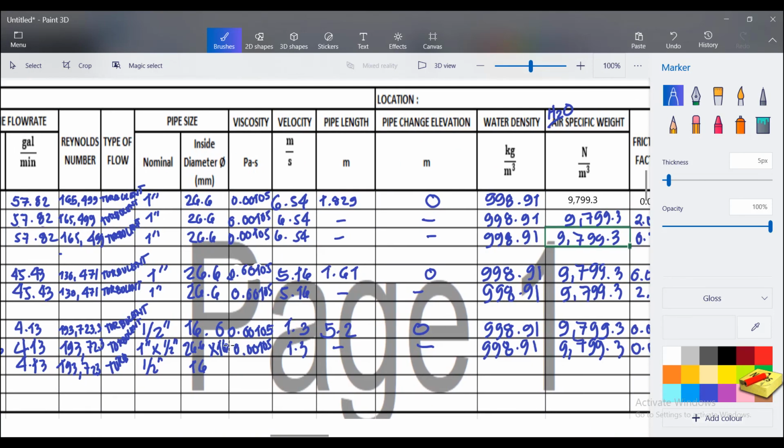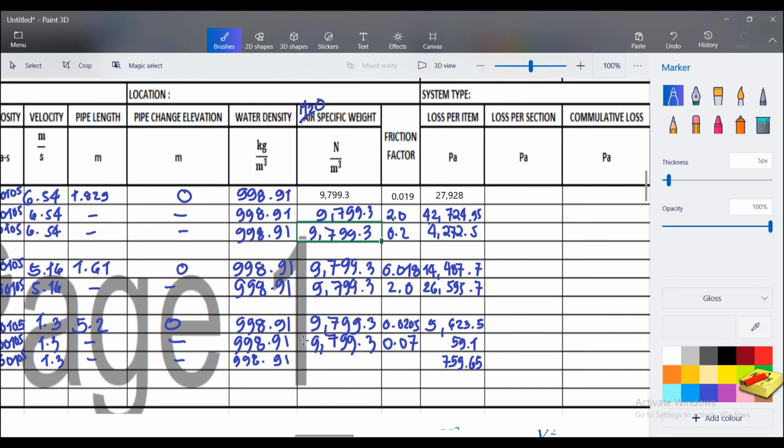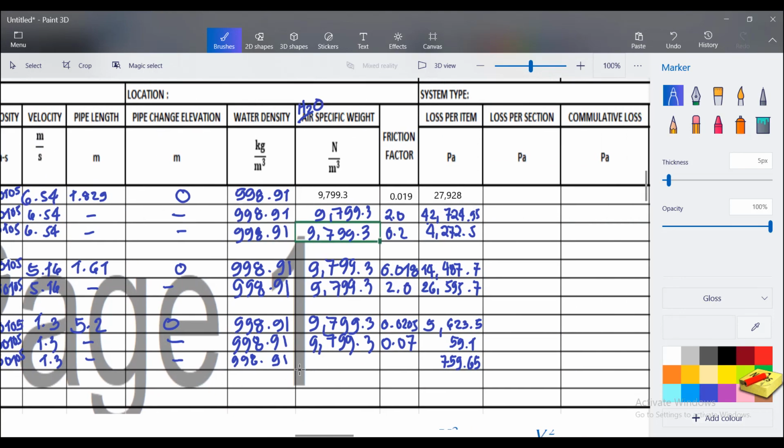And the viscosity is the same, which is 0.00105. Then your velocity is 1.3. Okay, the pipe length blank, change in elevation blank, we have 998.91. And also we have 9,799.3. Then this is friction factor, that will be 0.9.